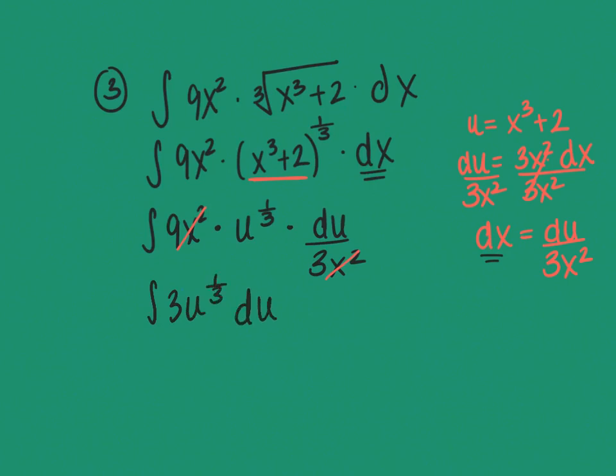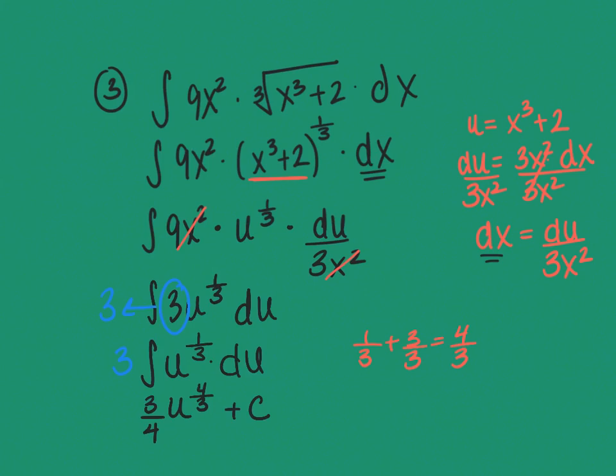I'm going to do that trick of taking out the constant of 3. So I have a 3 on the outside times the integral of u to the 1/3 du. So again, add 1 to the power. So 1/3 plus 3/3 is 4/3. So u to the 4/3, multiply by the reciprocal of 3/4 plus c.